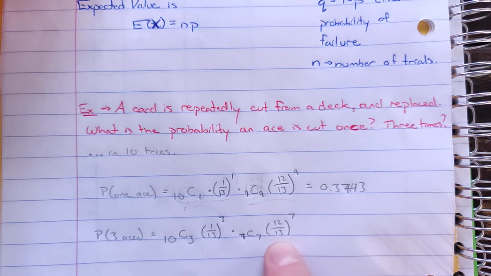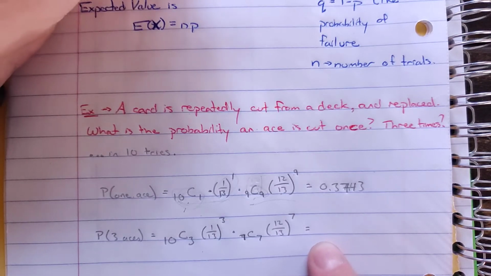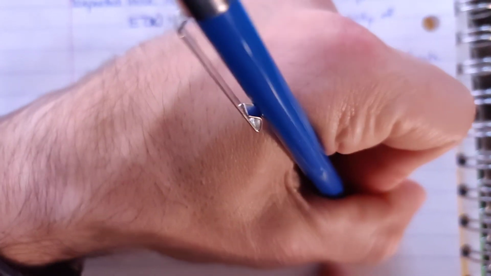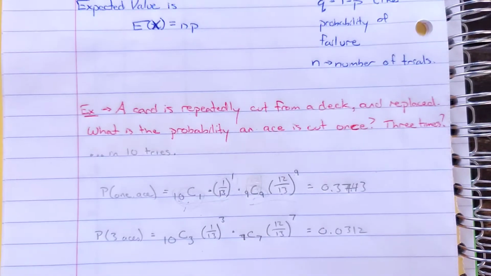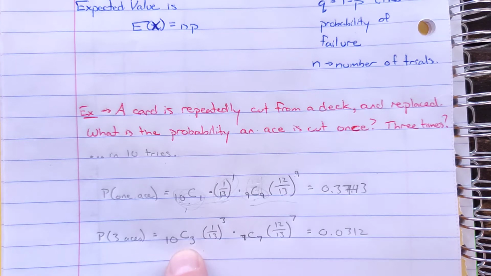There's a 12 in 13 chance of failing, to the power of 7. And then we multiply that all out, and we get 0.0312. So there's about a 3% chance of actually drawing an ace from the deck 3 times in those 10 trials. So again, the number of combinations we want.